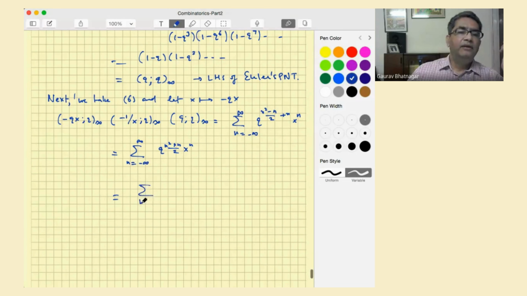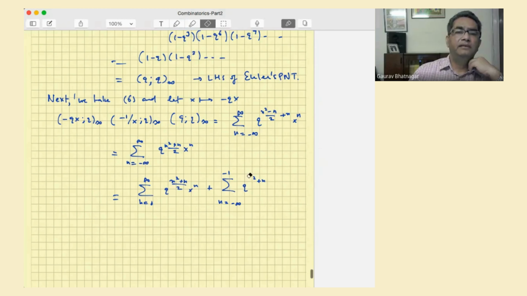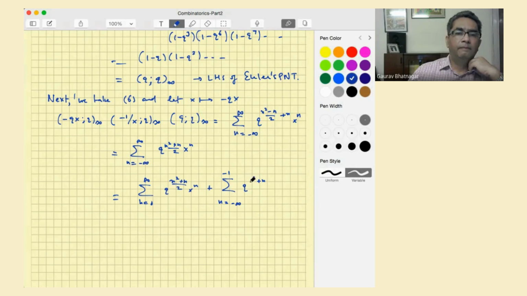So it's the sum over n from 0 to infinity of q^((n^2 + n)/2) x^n, plus the sum from minus infinity to minus 1 of the same term.